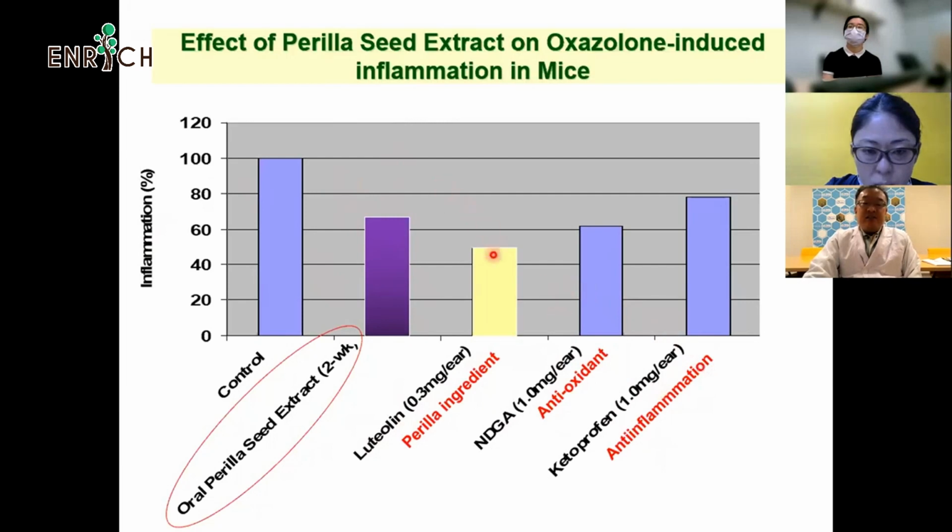As a result, luteolin was found to have a strong anti-type 4 allergic effect, which is stronger than the anti-inflammatory medicine.